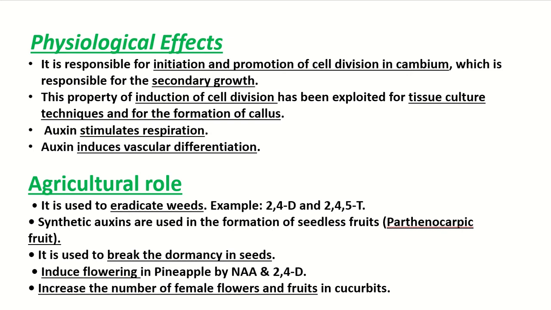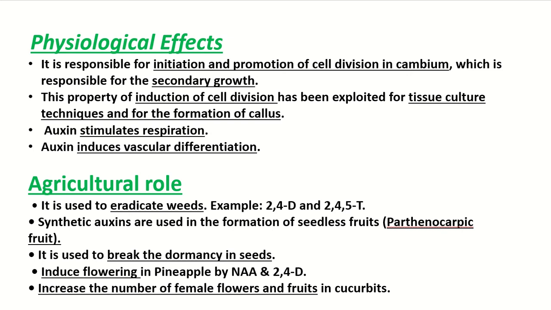What is the agricultural role of auxin? Auxin helps to eradicate weeds. Weeds are plants which grow unnecessarily in the cultivation land. If we are cultivating one particular edible species, other grasses which we did not intend to cultivate are said to be weeds, plants which disturb the growth of the cultivated plant.